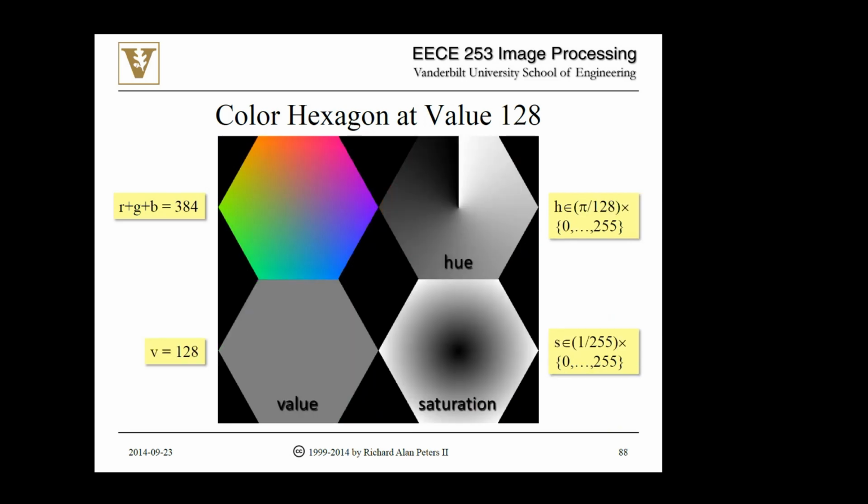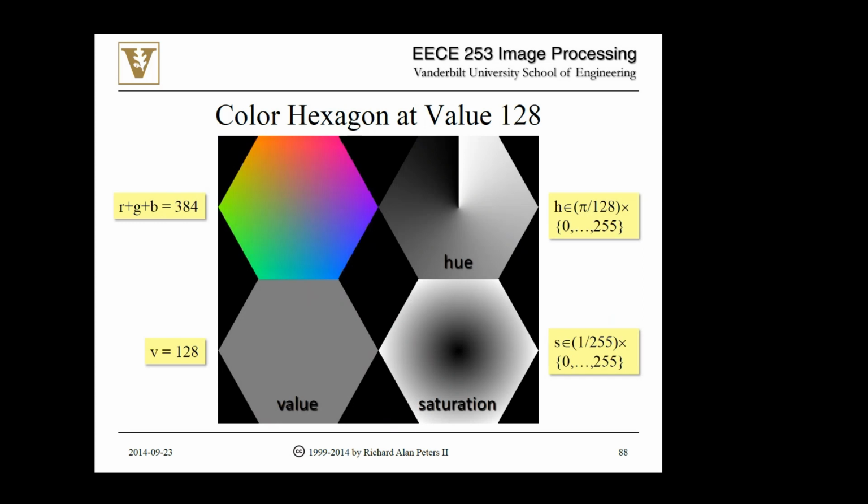And now we can convert those red, green, blue values into HSV. So this is a plane, which means that the value is all the time the same. We have defined this plane because R plus G plus B is equal to 384.